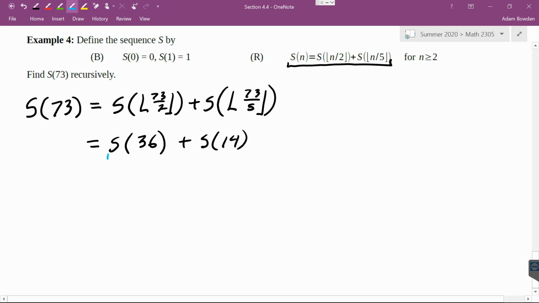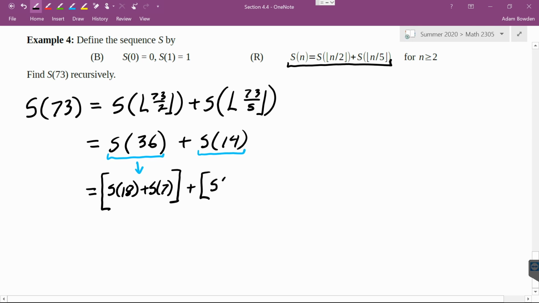Okie doke. Now S of 36 and S of 14, we're going to break those down by the recursive formula as well. So that's going to first off be S of 18 plus S of 7 for the first one here, plus, and if we break down S of 14 with the formula, it would be S of 7 plus S of 2. Okay, but now each of these need to be broken down with the recursive definition as well.